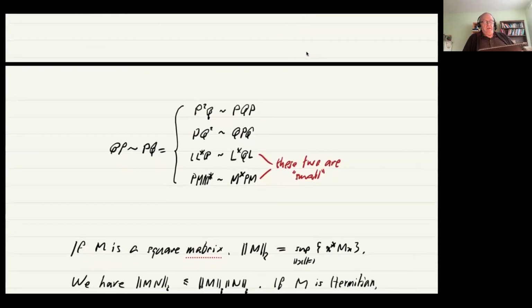Now, I did say we'd be using this more than once. First, I'm using the tilde to denote having the same non-zero eigenvalues, the same multiplicities. So these two guys certainly, by what I just quoted, since PQ is equal to P squared Q, I can move the P across, and so you get PQP there, and PQ is equal to PQ squared, you get QPQ. And so all these matrices have the same non-zero eigenvalues, the same multiplicities.